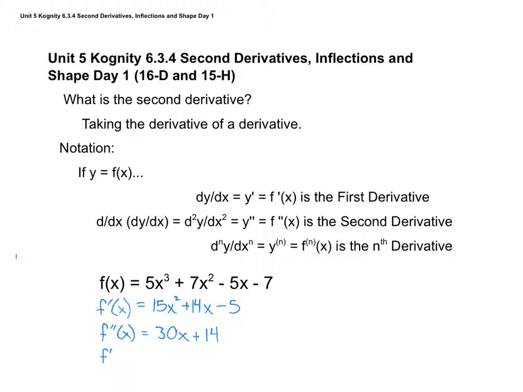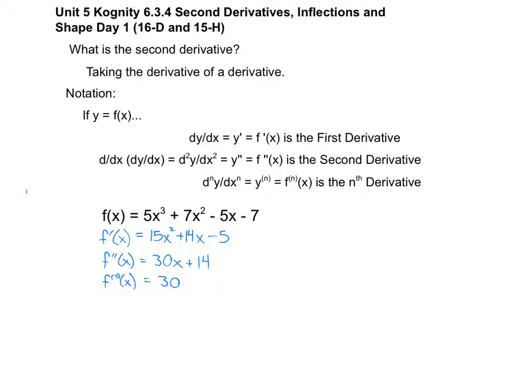The third derivative is just 30. The fourth derivative is 0. What if I did the 100th derivative? It would still be 0. With polynomials, eventually it ends up being 0, and every derivative after that is 0 as well. That's just a quick reminder of how to get the second, third, fourth, whatever derivative.